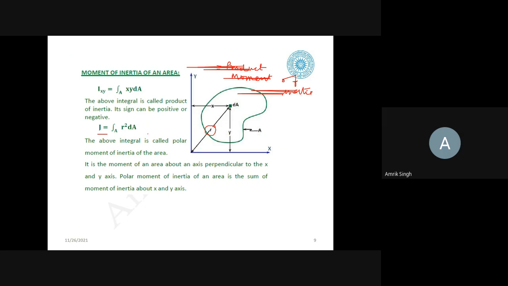So this integral is known as the polar moment of inertia of an area. It is the moment of an area about an axis perpendicular to the x and y axes. The polar moment of inertia of an area is the sum of the moment of inertia about the x-axis and y-axis.